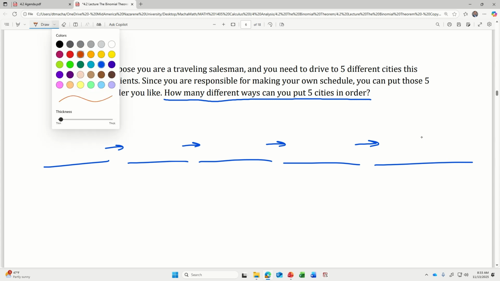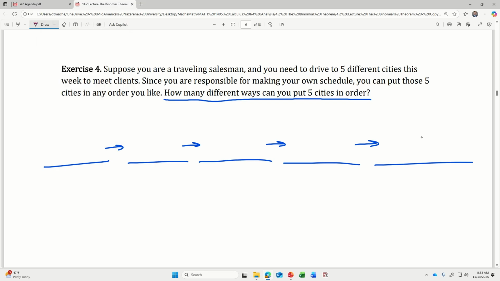How many different choices do we have when we plan out our first city we're going to visit? 5 choices. Yeah. I've got 5 choices for whatever city I'm going to choose first. Then let's say I lock that in. I write that down on my paper. I've chosen the first city I'm going to visit. How many choices do I have for choosing the next city, the second city? 4 choices. And I lock that in.